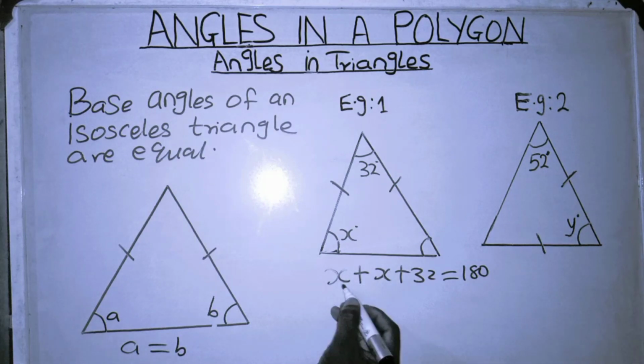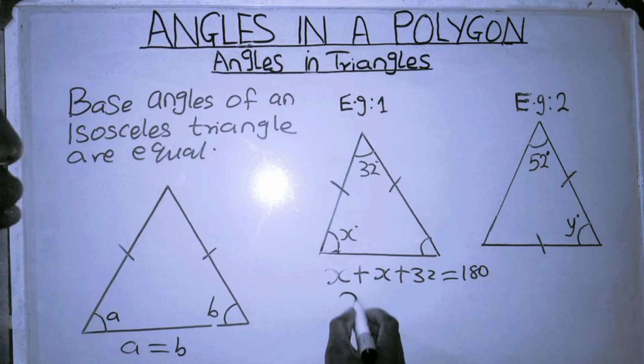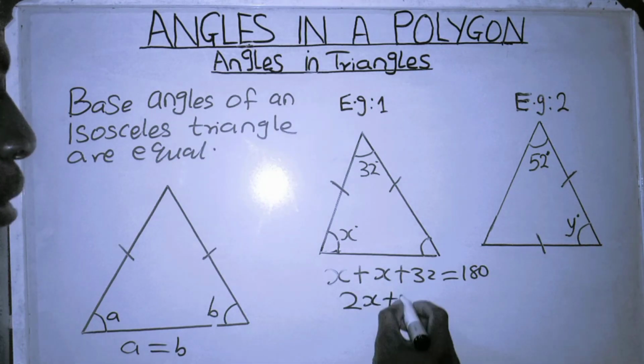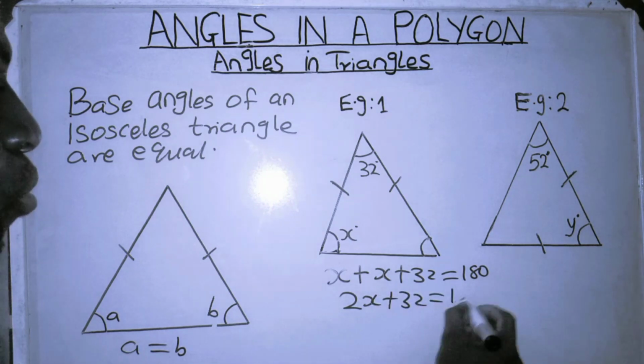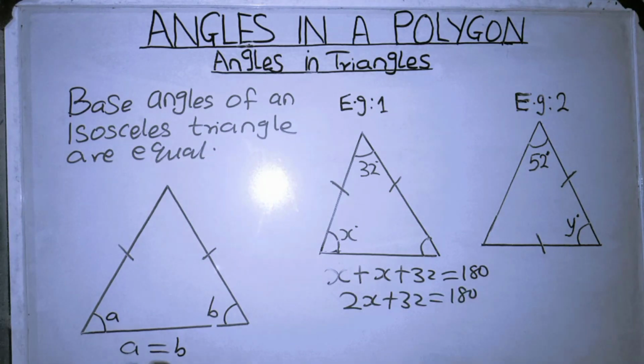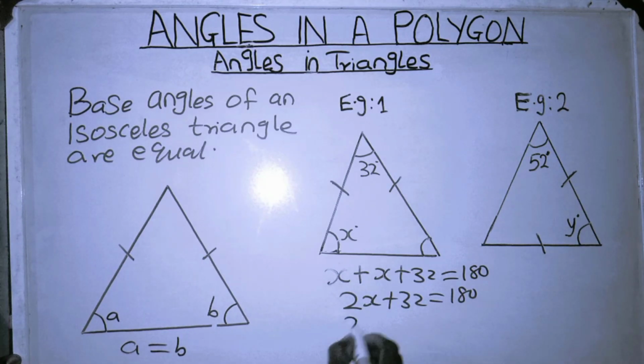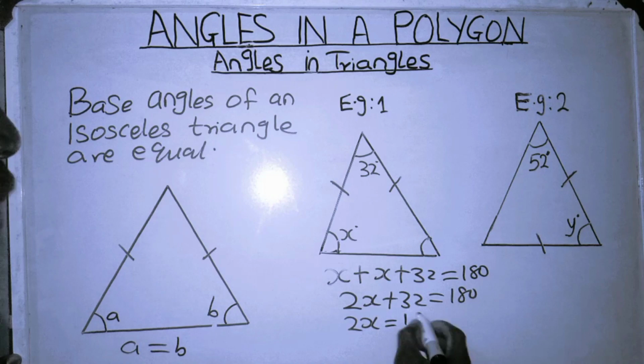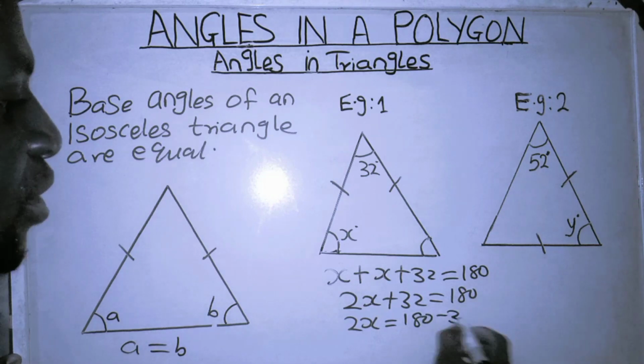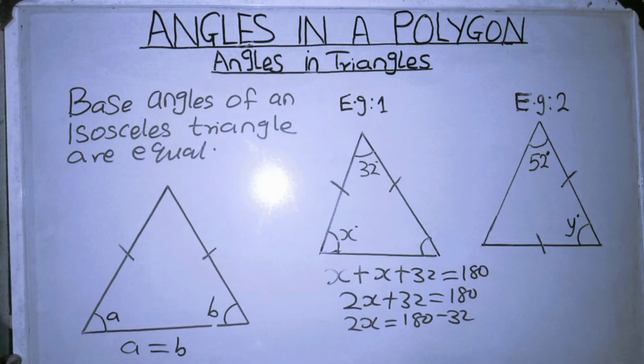So to get the answer, x plus x will give us 2x plus 32 equal to 180 degrees. So therefore, to get the answer now, we have to collect like terms. That will now be 2x is equal to 180 minus 32. 180 minus 32, what will it give us?